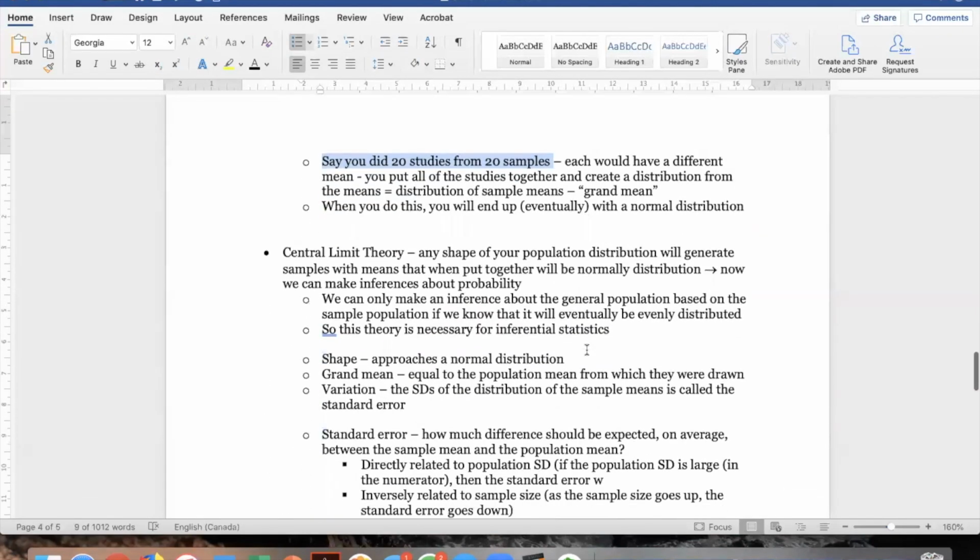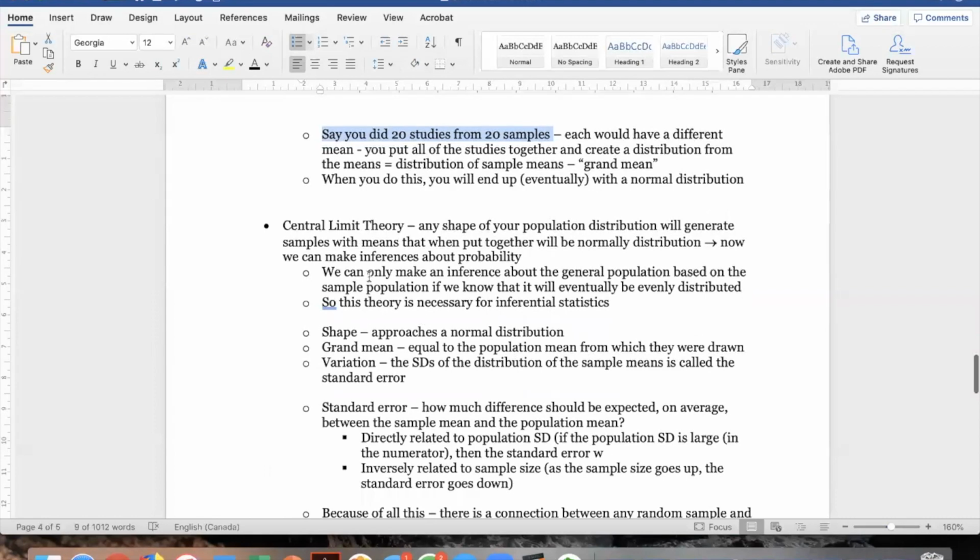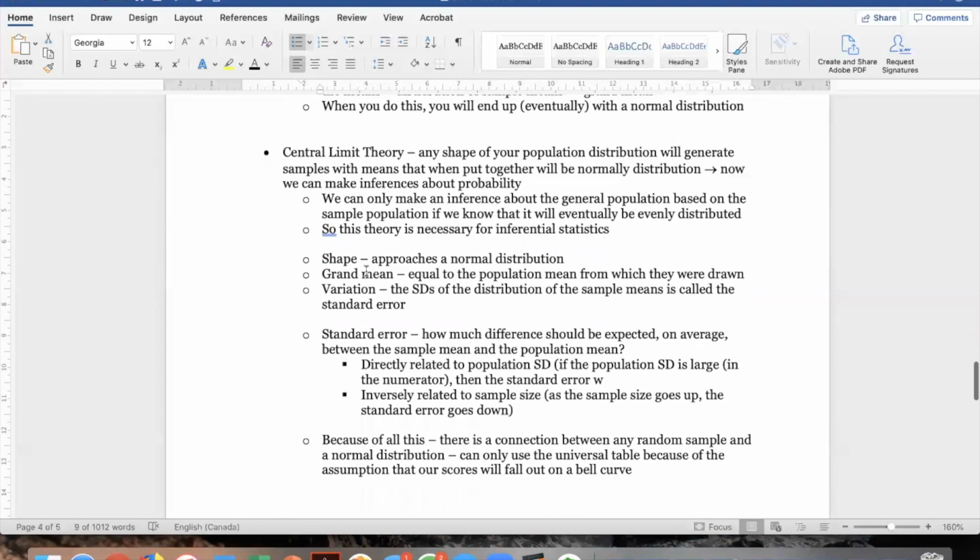But what the central limit theory says is that as you continue to generate samples and you get more and more means from those samples, eventually it will become a normal distribution. And you have to know that in order to make an inference about probability.